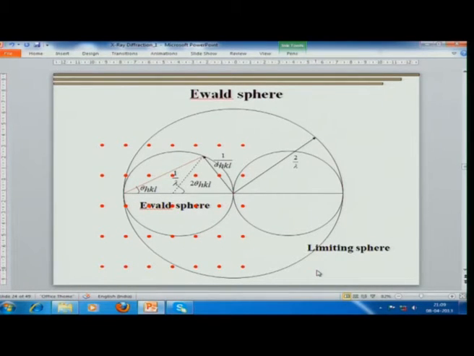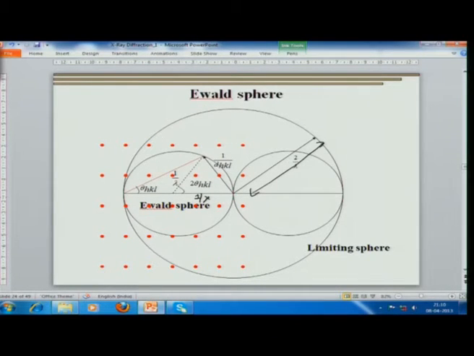So, I can always draw a sphere with radius 2 over lambda, which is shown over here, which is the limiting sphere, and the Ewald sphere is essentially the small sphere that I have shown over here with radius 1 over lambda.